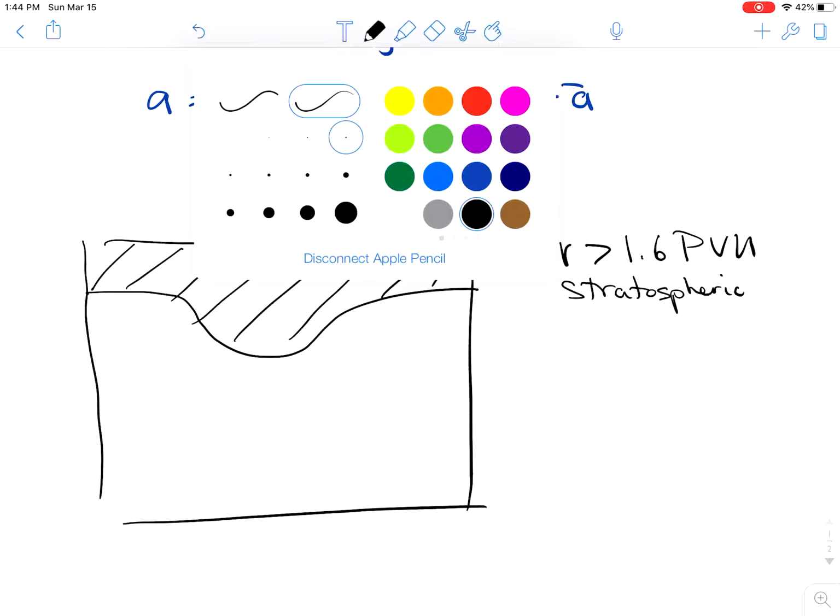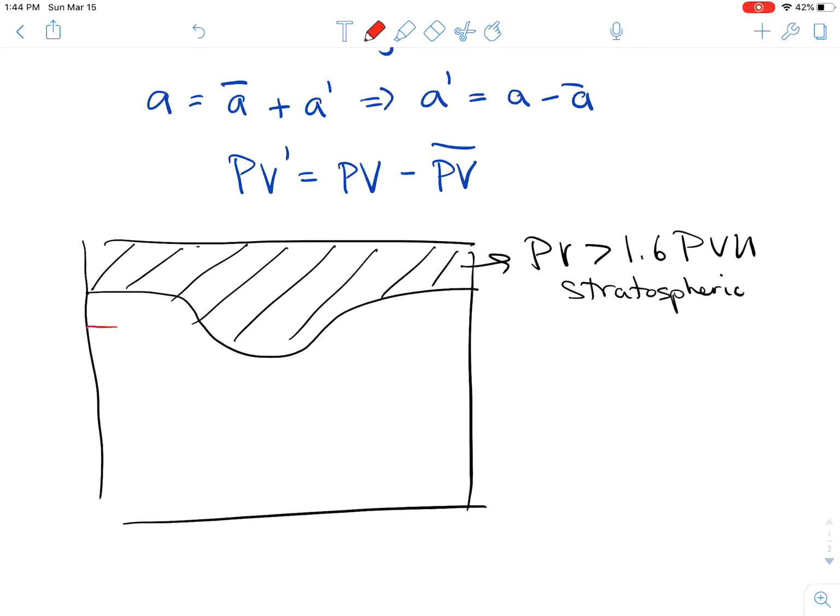Ultimately, if we want to consider a given level, we could say consider this red dashed line level.